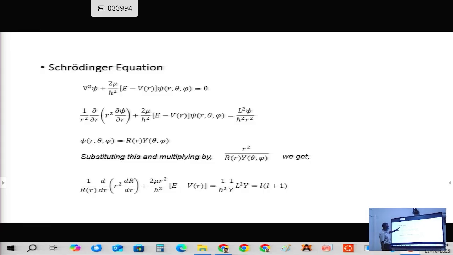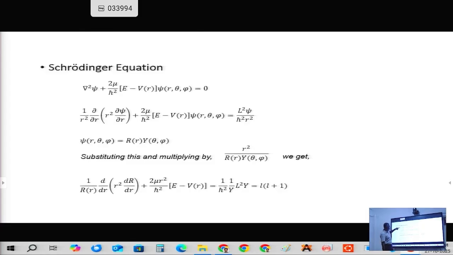We have del square psi plus 2 mu by h cross square times E minus V of r times psi. And psi we are writing in terms of r, theta, and phi, spherical polar coordinates. I can also separate them into radial and angular parts.